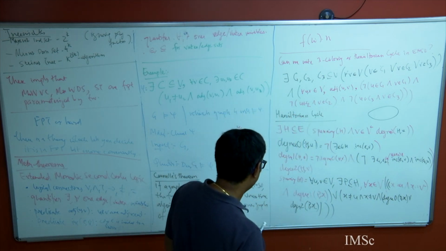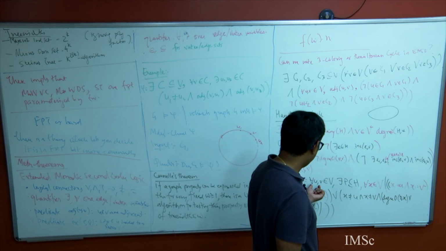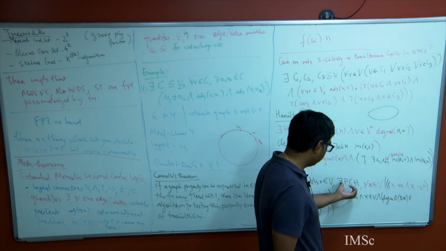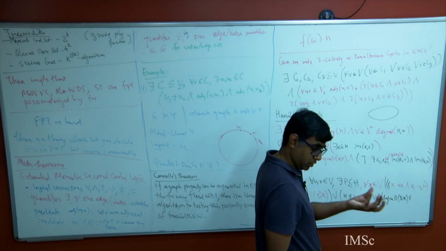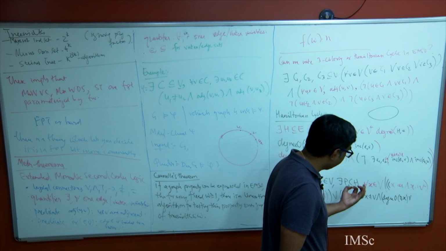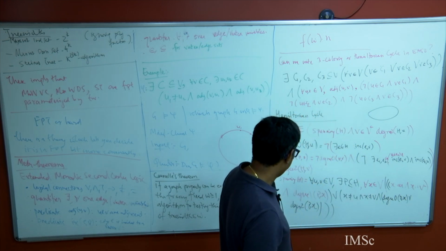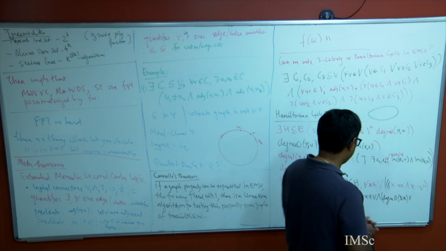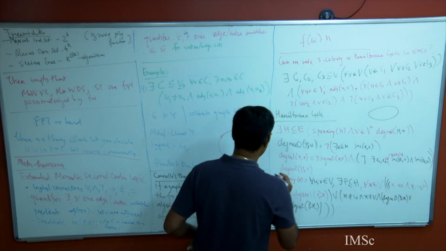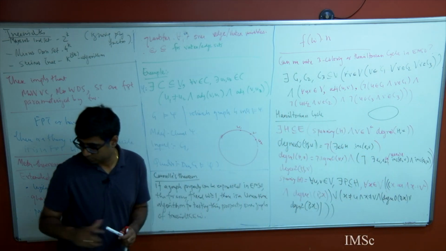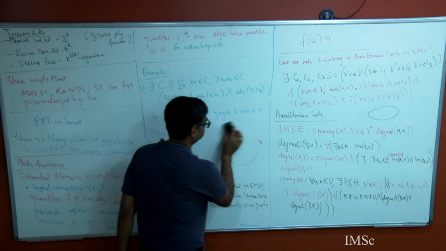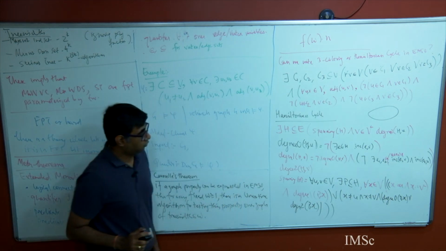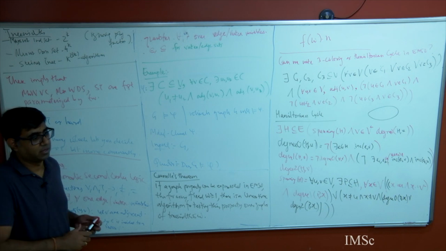Okay. So what is this telling us? For every u v in V, there exists P subset of H. So for every x in V, what happens? What is the definition of spanning?